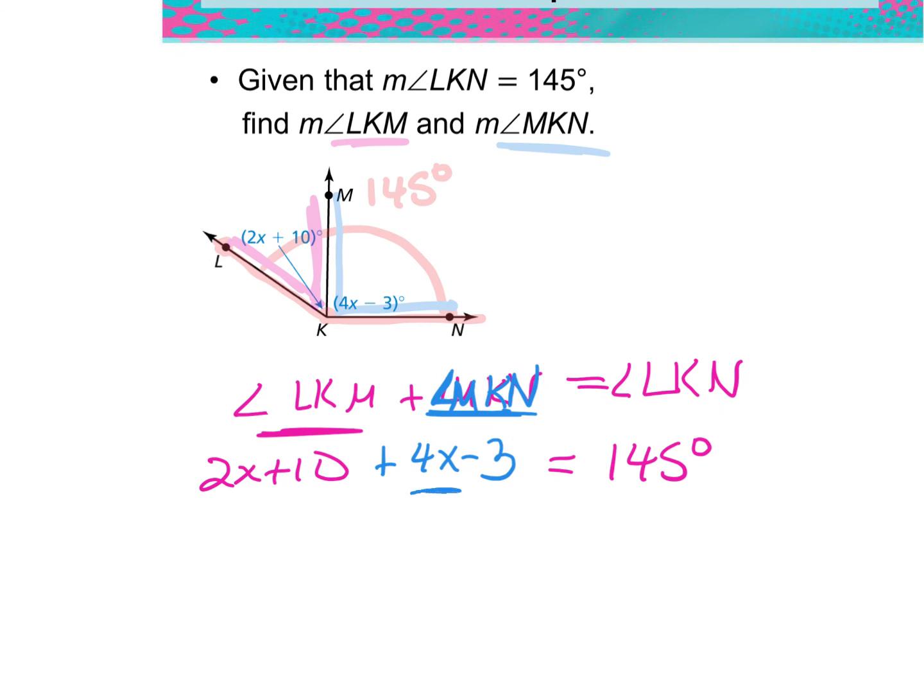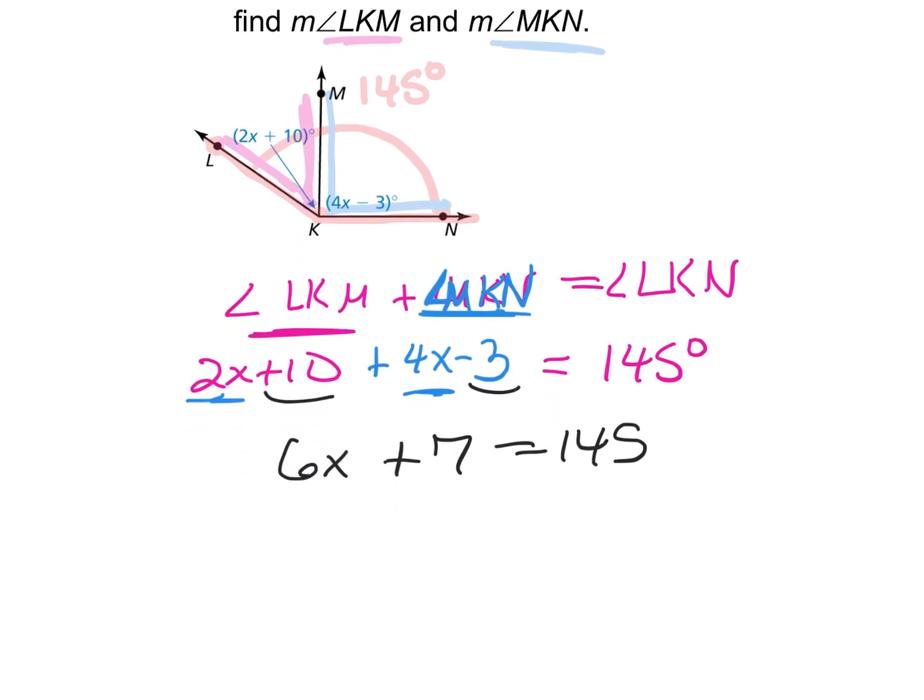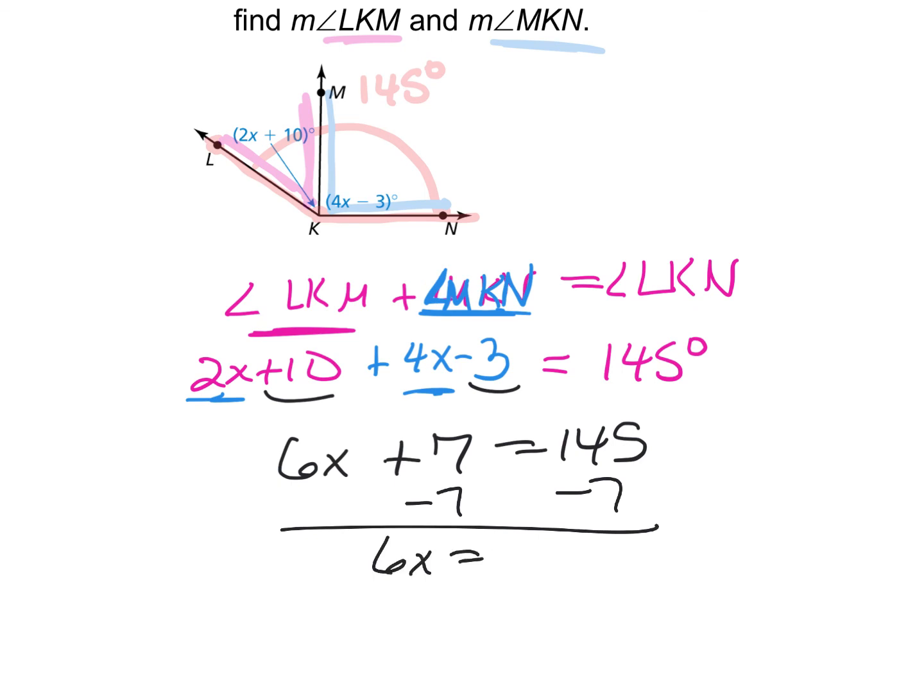So now I'm going to combine my like terms. This gives me 2x plus 4x is 6x. And then 10 plus negative 3 is 7. And now I have this to solve. Subtract 7. 6x equals 138. Divide by 6.